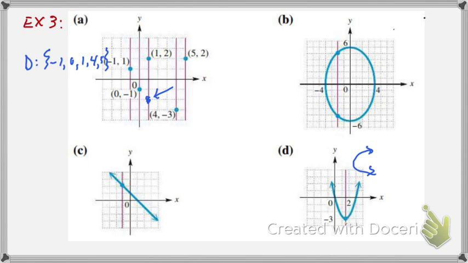What's the range? -1, 1, -3, and 2. These aren't in any particular order. Did I miss one? I think I got them.